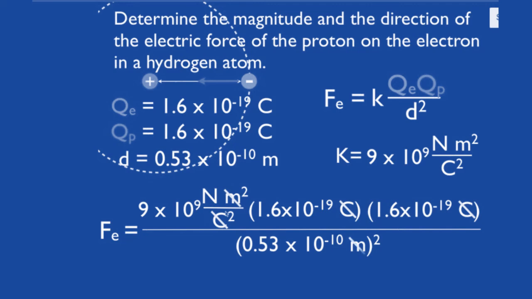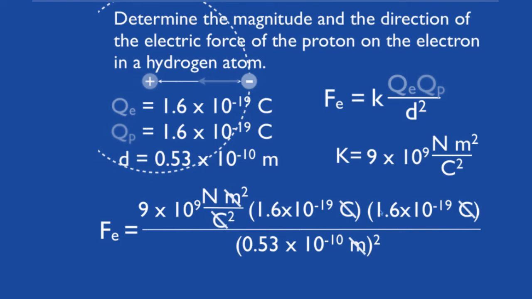Then we want our meters to cancel. We have meters squared up there, and the distance is in meters, squared, so the meters squared cancel, and we are left with newtons. So it sounds like we should be on the right track.